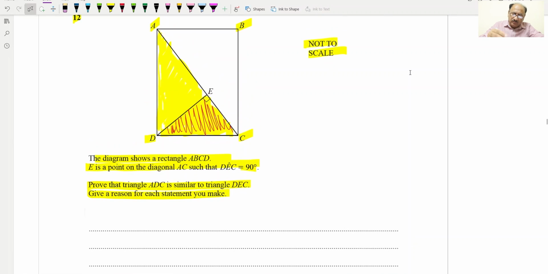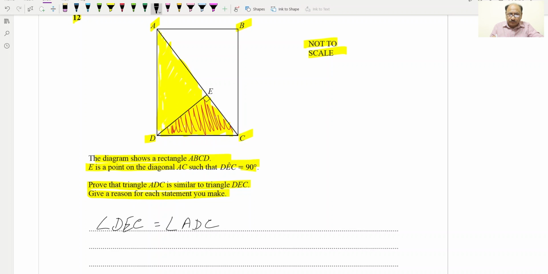So what we can do, basically we can write angle DEC is equal to angle ADC, sorry, angle ADC.